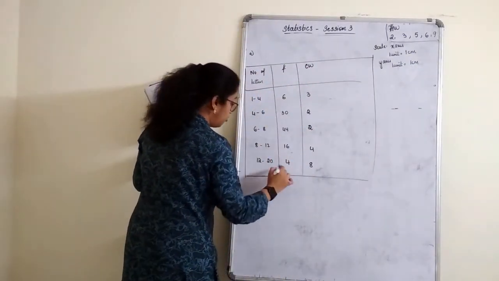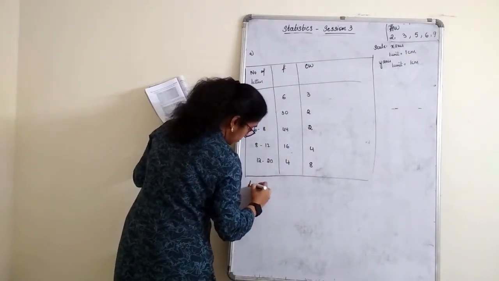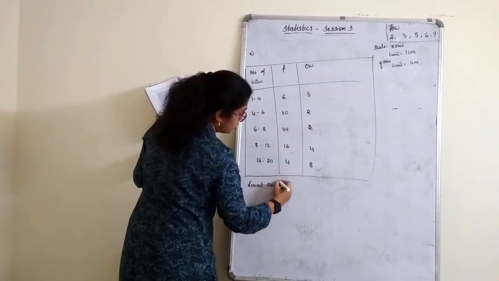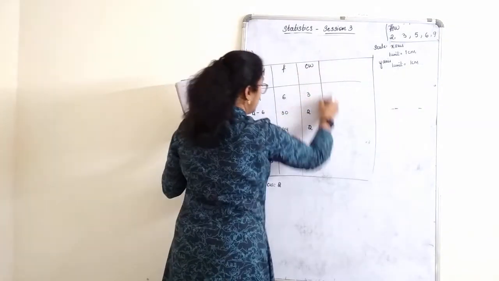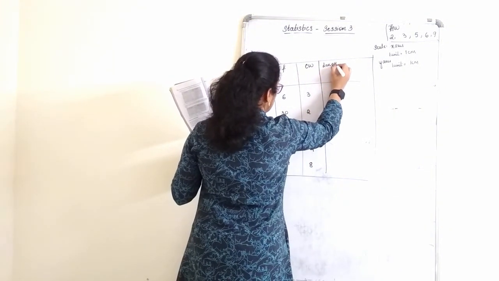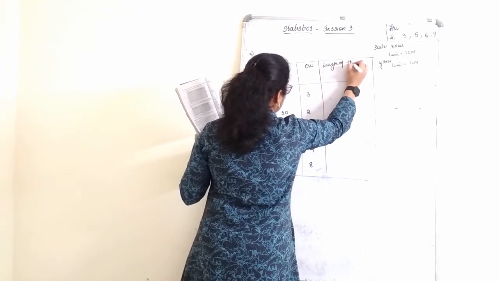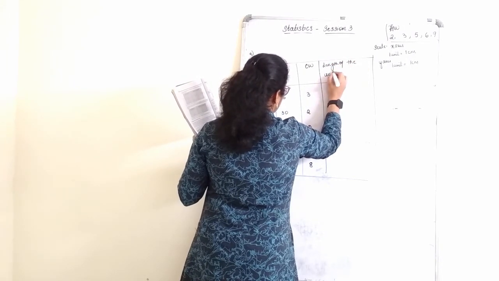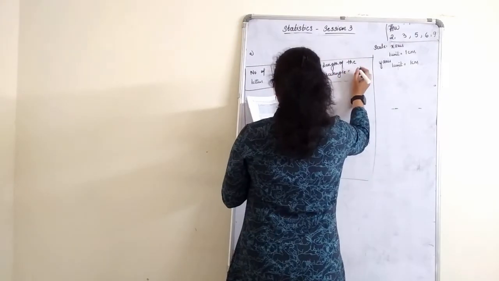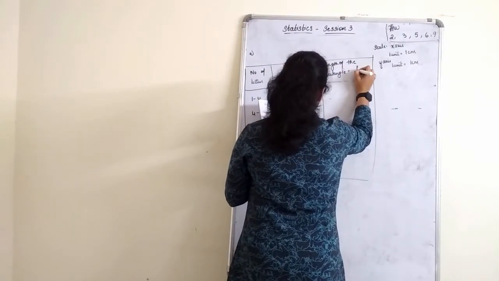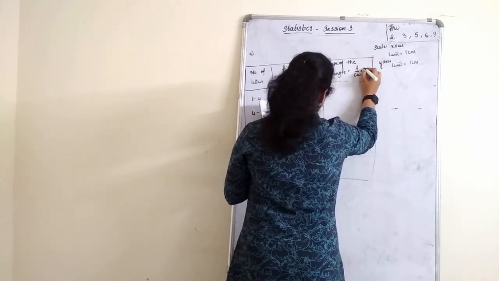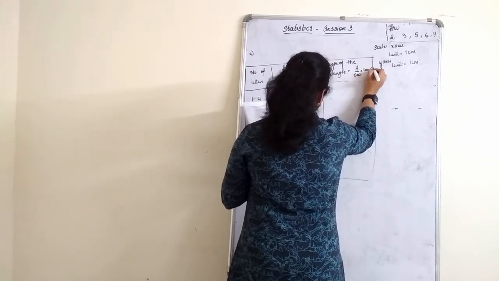Lowest class width is what? 2. Length of the rectangle is given by frequency divided by class width into lowest class width.